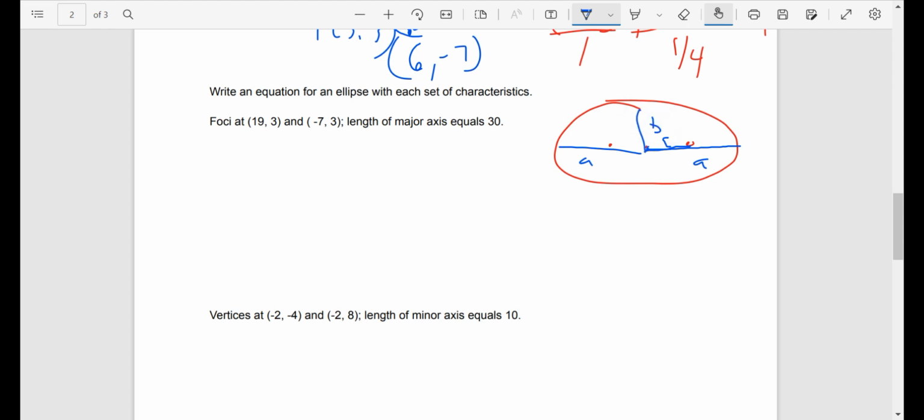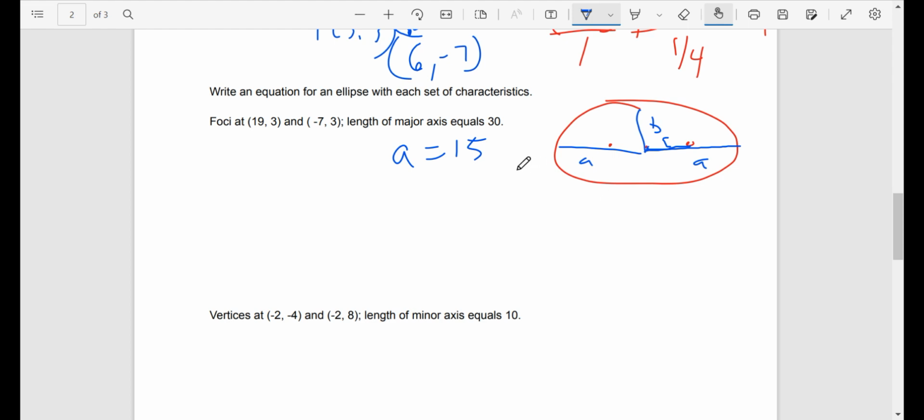Now, that's important. So if I'm giving you these two foci and a major axis length equal to 30. So if our major axis is equal to 30, and if you look here, there's two A's, right, that make up our major axis. So if I just divide this by 2, I'm going to get my A value. So A is equal to 15. Now, what is C equal to?